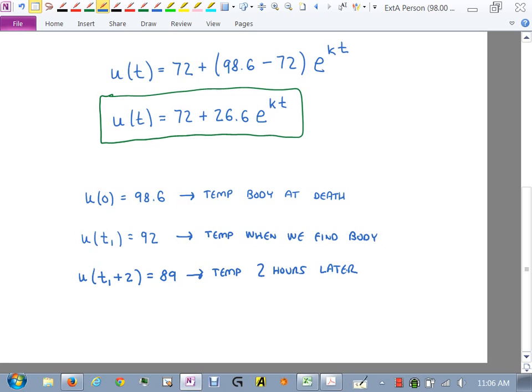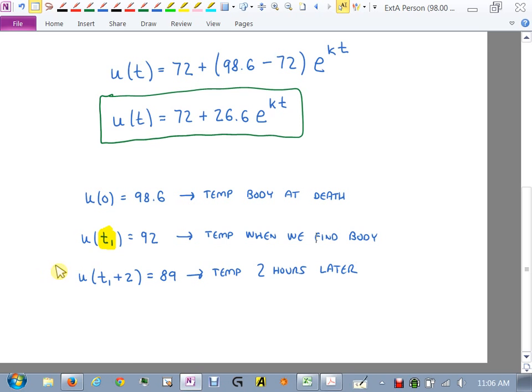Does everyone understand what's going on? T1 is what we're trying to find in the problem right now. We want to know how long the person had been dead. So when I walked in the room, that's T1. That's how much time has passed since the person died. That's what I want ultimately. Do you all understand that?